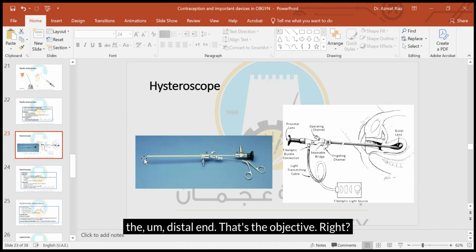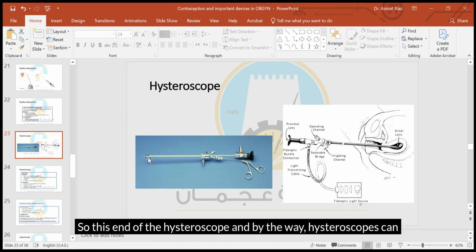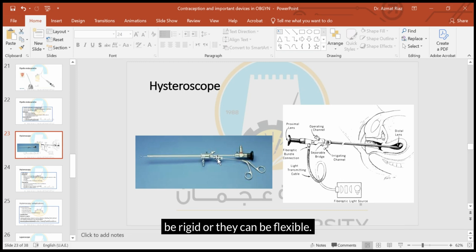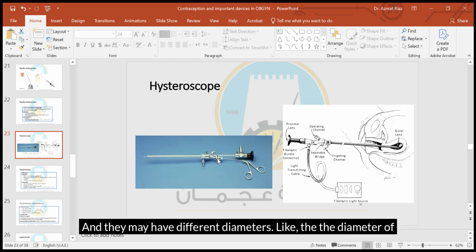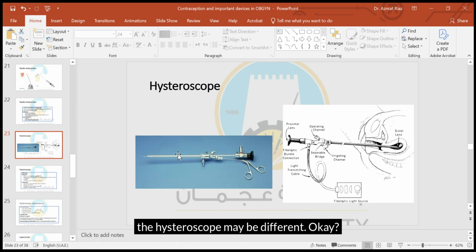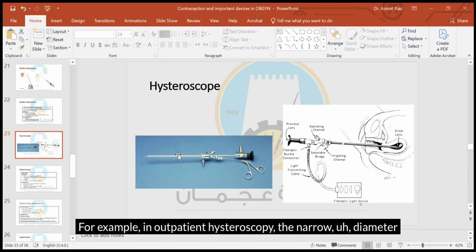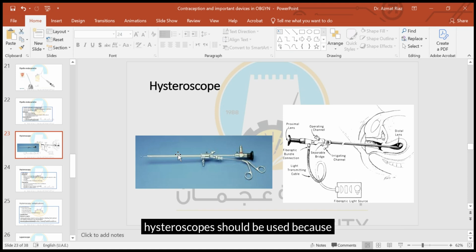That's the objective. By the way, hysteroscopes can be rigid or flexible, and they may have different diameters. For example, in outpatient hysteroscopy, narrow diameter hysteroscopes should be used because the patients are not given anesthesia.